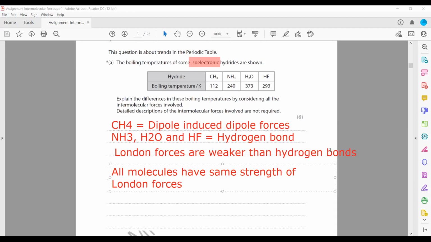The major force in ammonia, water, and hydrogen fluoride is hydrogen bonding, whereas the major force in methane is dipole induced dipole force. And London forces are weaker compared to hydrogen bond. All the molecules have the same strength of London forces because they have the same number of electrons.